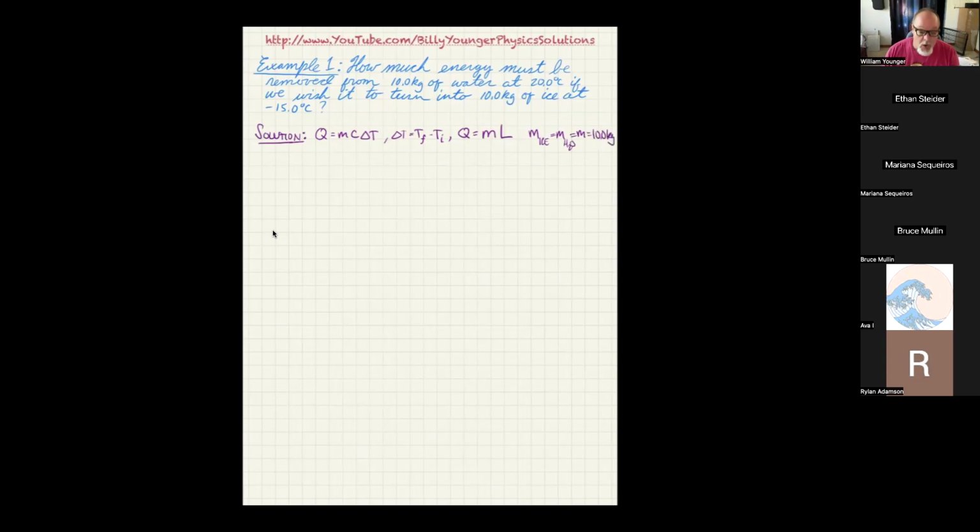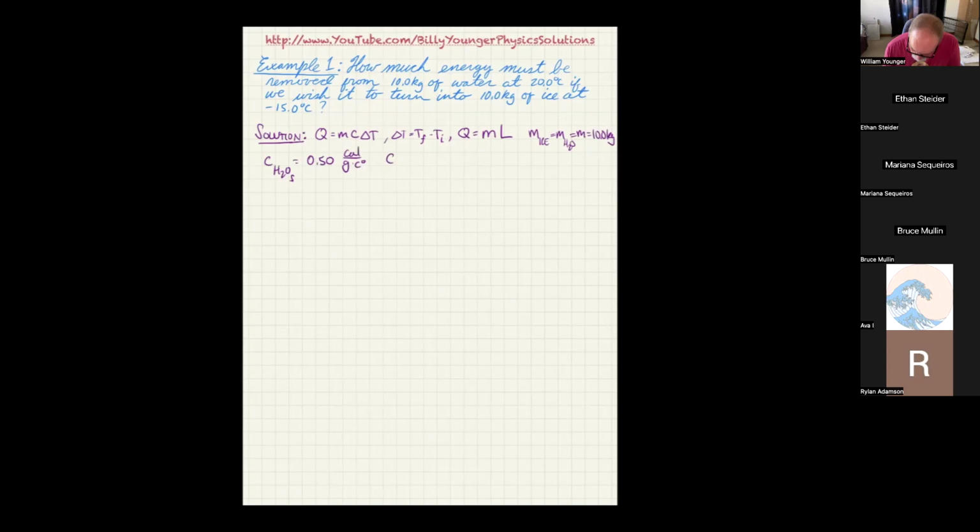Okay. What I also know is that the specific heat of water, so C of H2O solid, which is ice, is 0.50 calories per gram Celsius degree.